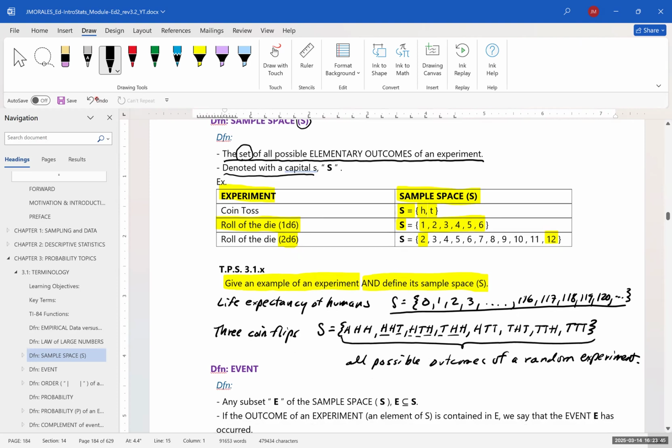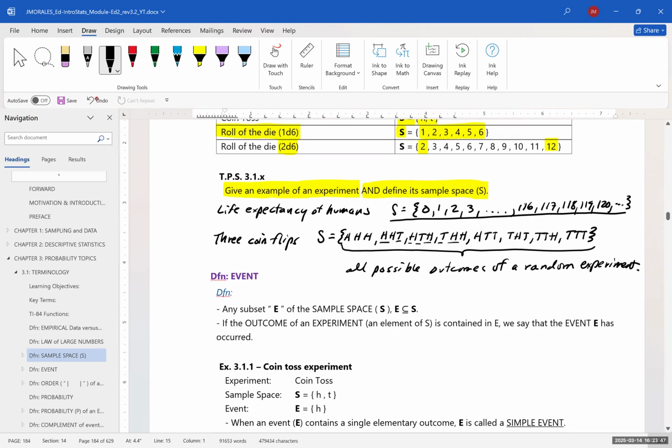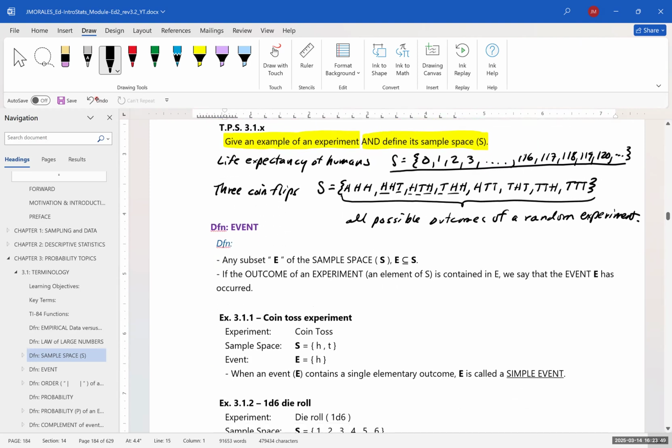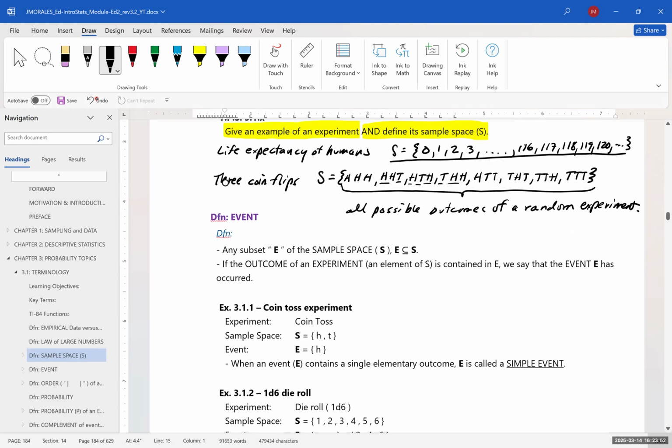Now let's look at the definition of an event. An event is any subset of the sample space.